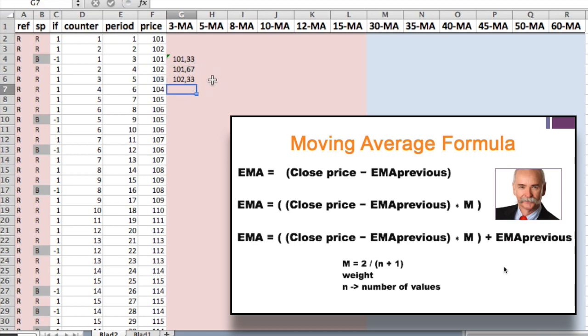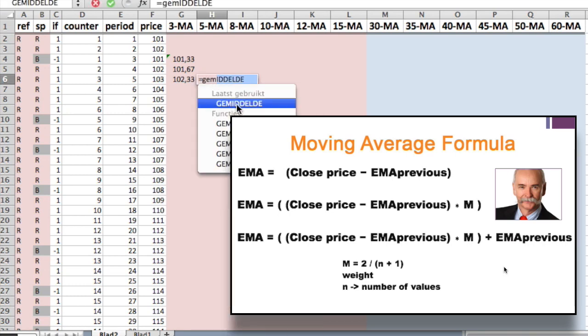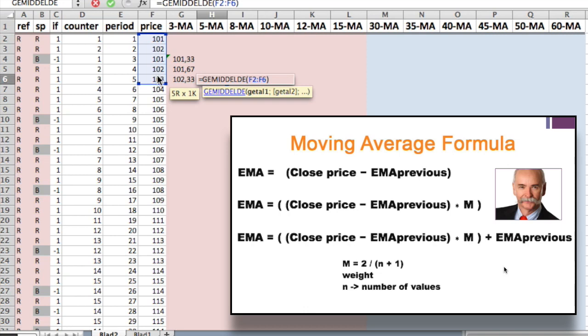So here you have another example. We will now calculate the 5 periods moving average. You look at 5 periods and these 5 values. You start somewhere, so you just take the average of these 5 values, and here we start to calculate it, and we use the formula: the current closing price minus the exponential moving average from the previous period.